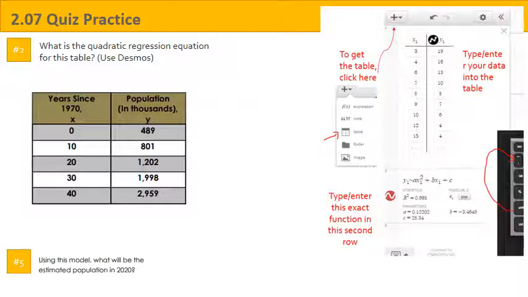Okay, so that means you're going to type in an X that correlates to 2020, so years since 1970. Since 1970, that's going to give you a 50. So that means you're going to type in X equals 50 and get your Y coordinate. Okay, so pause this video and then we'll go over it just in a second. Pause this video, do this one on your own, and then we'll go over it.